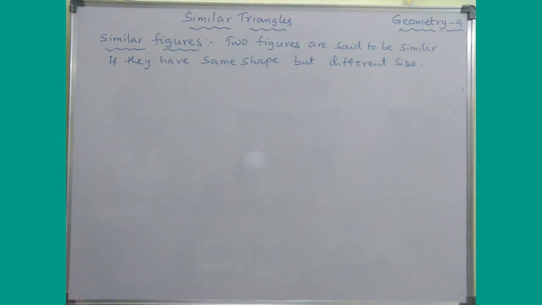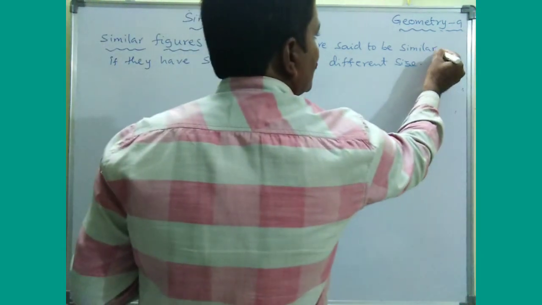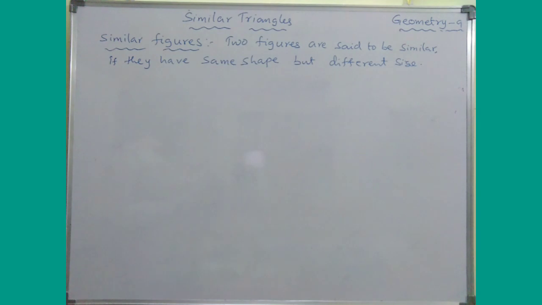Okay. So two figures are said to be similar if they have the same shape but different size.